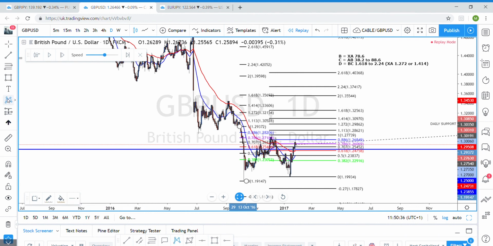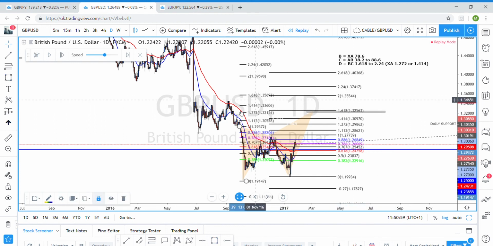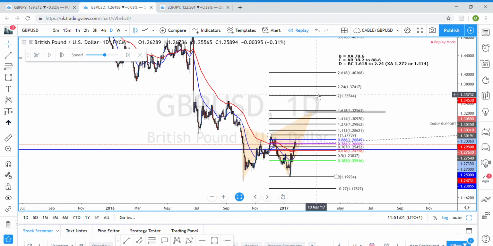So you get your harmonic drawing tool, and then you create your drawing. So you do 1, 2, 3, 4, and you said it's going to complete there. Get your rectangle, draw a box in between the two fib levels. Okay, we don't know how long it's going to take to complete. And then, in effect, this is your projection.